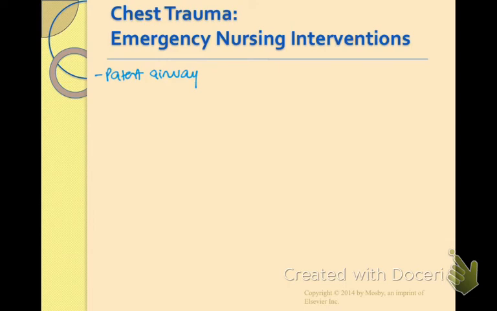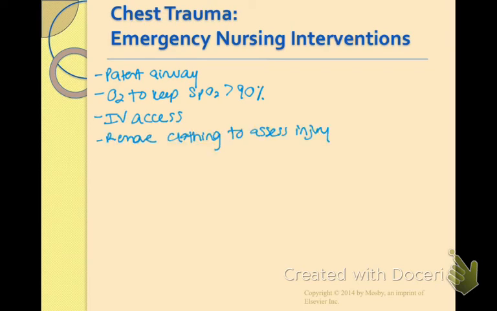And what are some interventions on our part? We've talked about this. Always ABCs, so patent airway. Breathing, keep the O2 above 90%. IV access, remove clothing to see what the injury is. Cover a sucking wound because we don't want any more air coming into that pleural cavity.